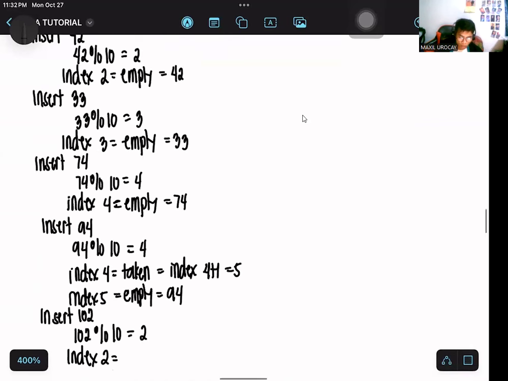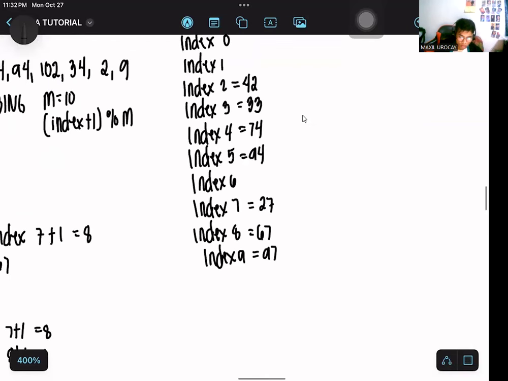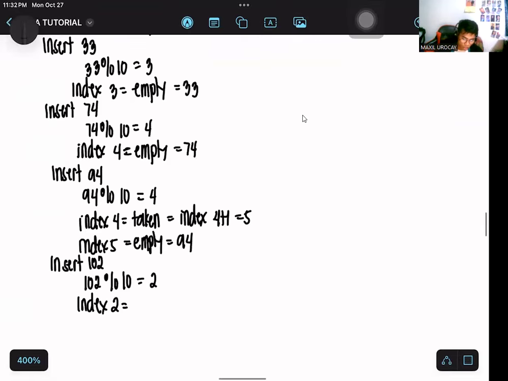But before that, we have to check whether index 2 is already allocated. So it is taken. So for the data collision, we do index plus 1. Index 2 plus 1 equals 3. Check index number 3 if that is empty or not.